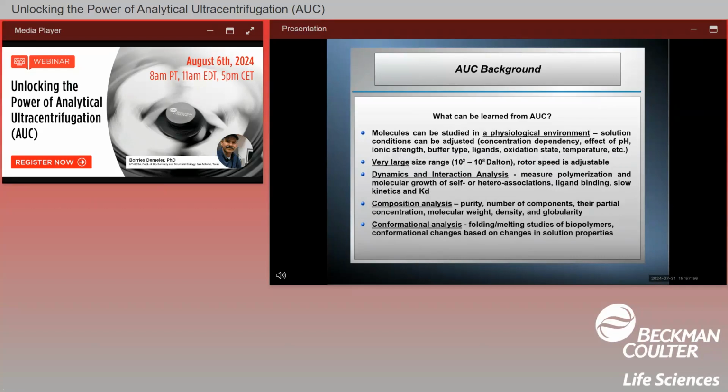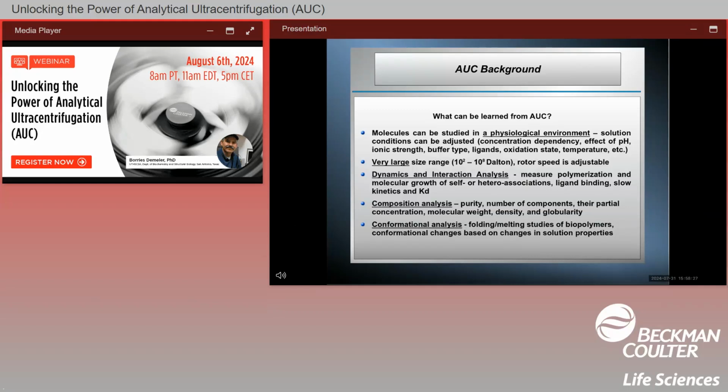So what can we learn from AUC? Very importantly to biochemists and other scientists working in the life science sector, the molecules can be studied in a physiological environment. That means the solution conditions can be adjusted to cover the similarity of, let's say, cytosol concentrations of ionic strength, pH, buffer type.